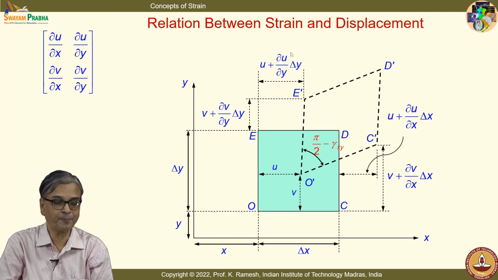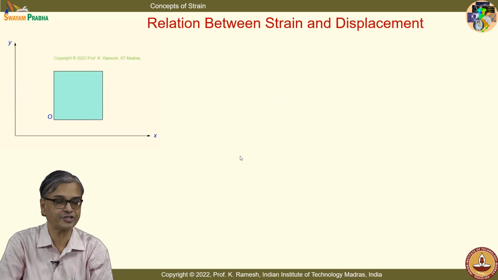In the process, we have also looked at a displacement gradient that can be put in the form of a matrix: dou u by dou x, dou u by dou y, dou v by dou x and dou v by dou y. I have a displacement gradient matrix. It is very interesting to see how it is related to strain and rotation.